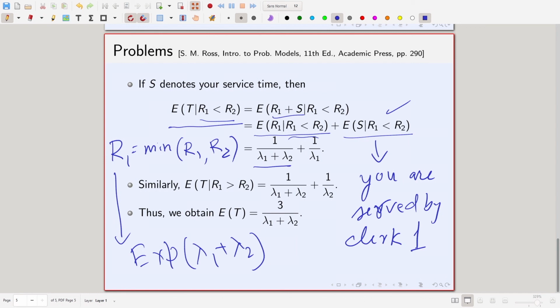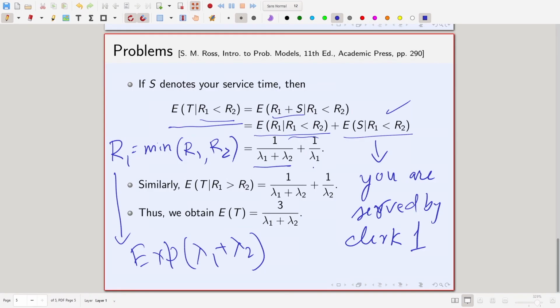And how do you know that you are being served by Clerk 1? That is because you are given the information that the customer with Clerk 1 left first. So your service time has exponential distribution with parameter lambda 1, and the mean is 1 over lambda 1.